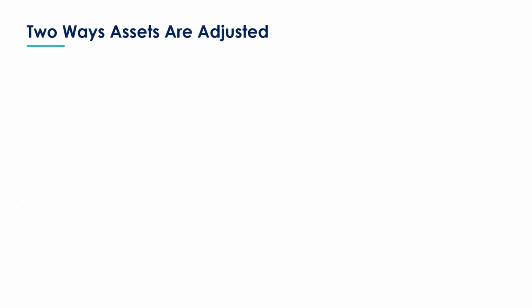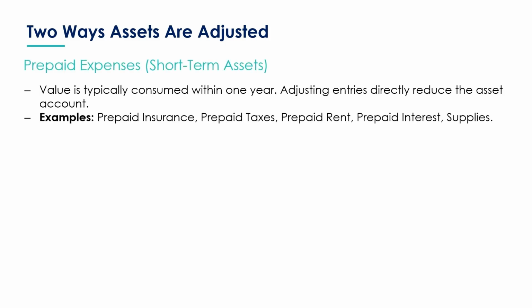Before we proceed to our final example, it's important to clarify a key distinction in accounting. In the previous 5 scenarios, prepaid insurance, prepaid taxes, prepaid rent, prepaid interest, and supplies, these are classified as short-term assets. They typically lose value quickly, usually within a year, so their adjusting entries reduce the asset account directly.